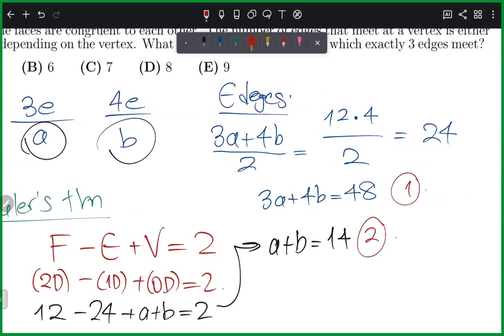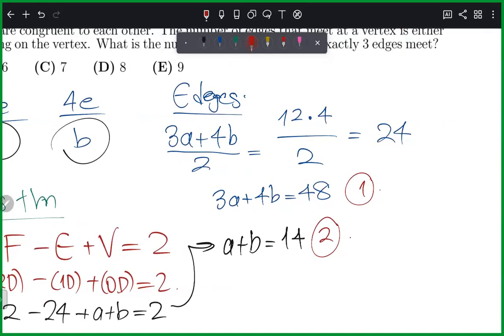Now we can use the first and the second equation to solve for both A and B. I'm going to make a shortcut. I'm going to multiply this by 4. And then I get 4A plus 4B equals 56.